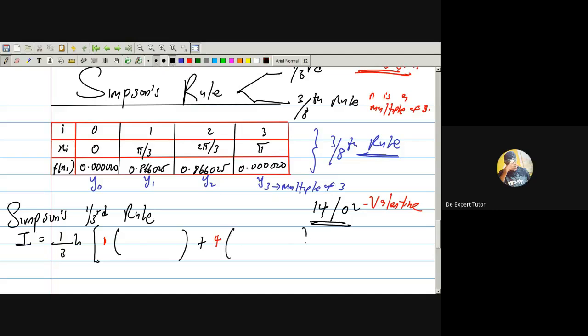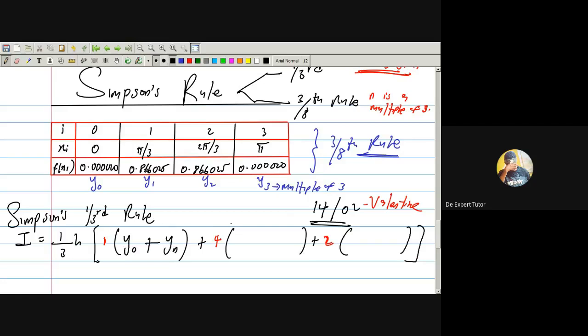Then lastly, you have 2, then 4 2, that's 2. Brackets another. Exactly, so that's what we do. 14 of February means that one is the coefficient of the first term, which is y naught plus yn. Nothing multiplies them, just 1.